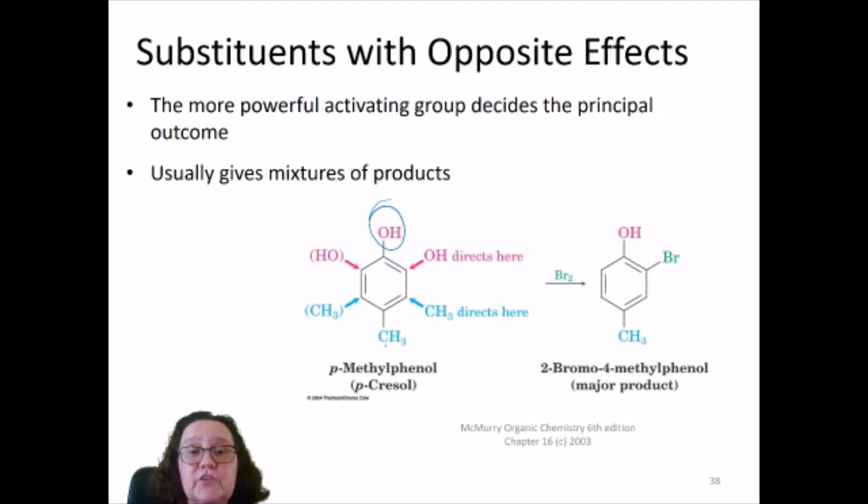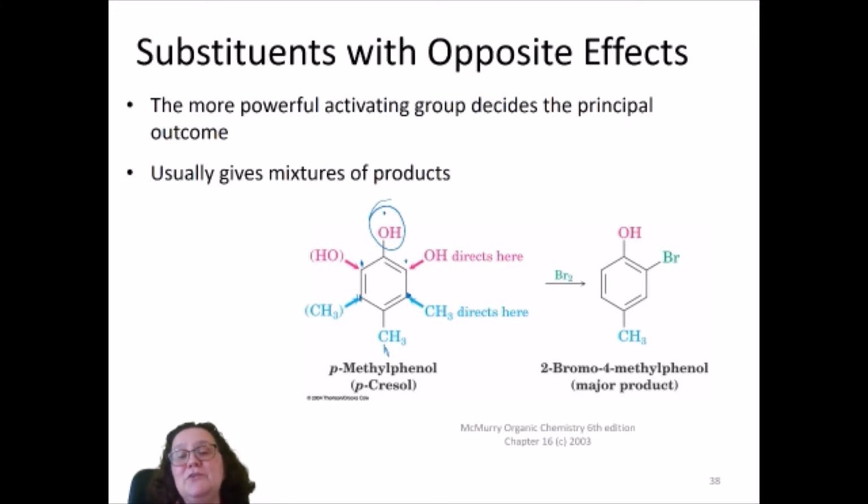The para position is already occupied, so it can only be these two. And the methyl group also favors ortho and para positions to itself. The para position is occupied, so it will favor the ortho positions. So you end up with all the positions favored. The hydroxyl group is stronger than the methyl group to direct.